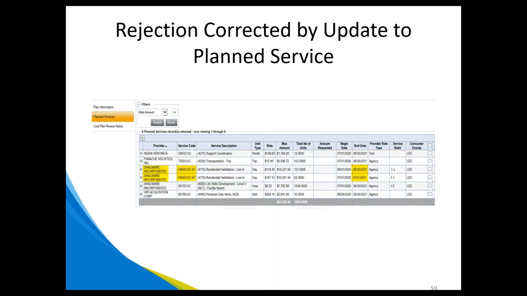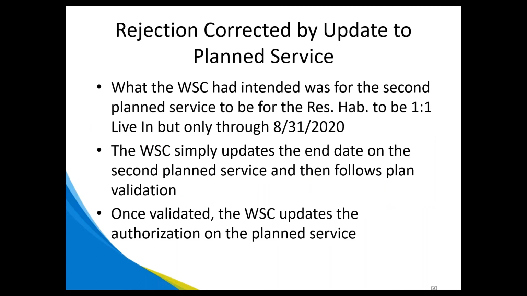So we've got the same service at two different ratios overlapping. And so what we need to do is take a look at those dates. Well, what the support coordinator had meant to do, it's a simple typo. They meant for the 1-to-1 to be July 1, 2020 through 8/31, 2020, not 3/31, 2021.